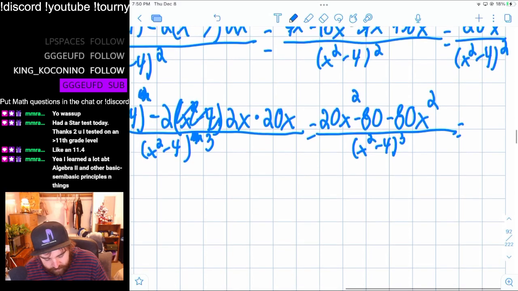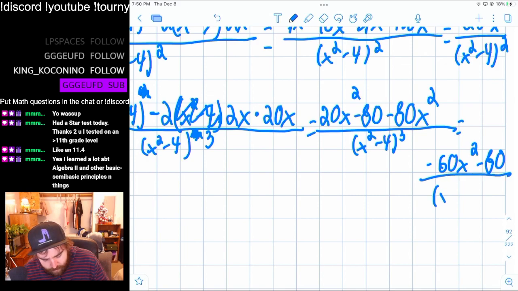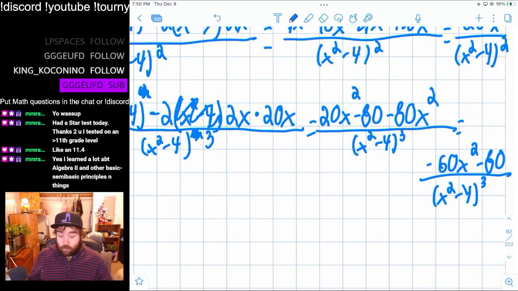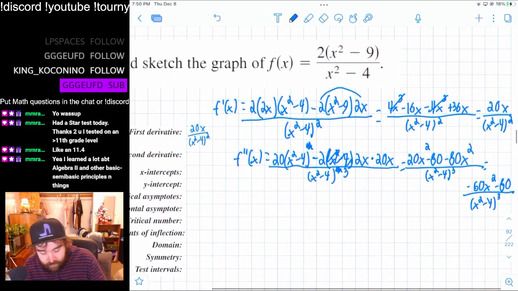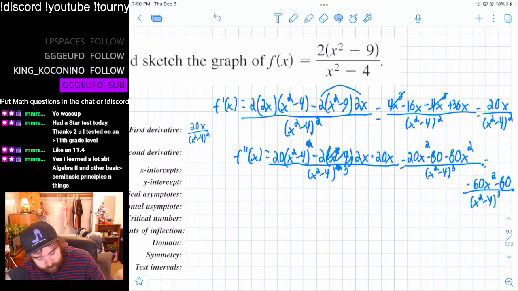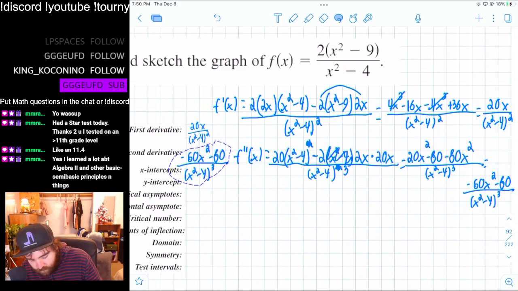So then you combine like terms. Negative 60x squared minus 80 over x squared minus 4 to the 3rd. Okay, that's our second derivative. I guess there's no reason to doubt it. We did everything right.